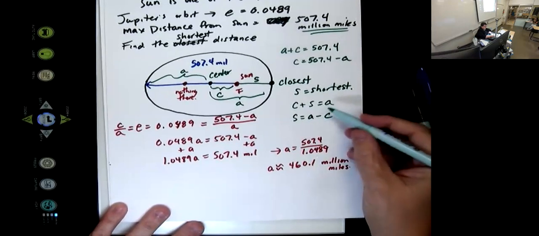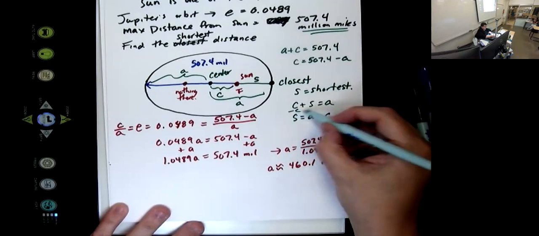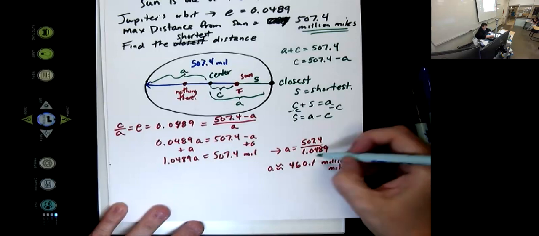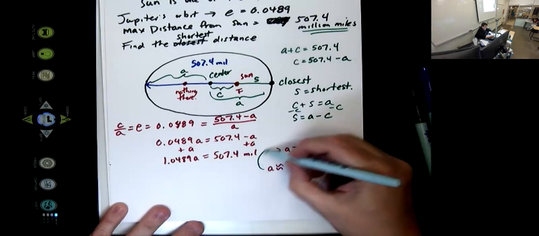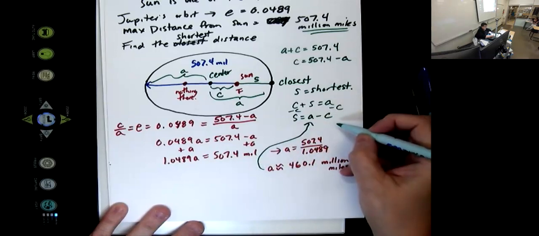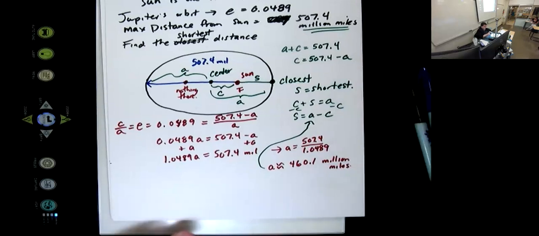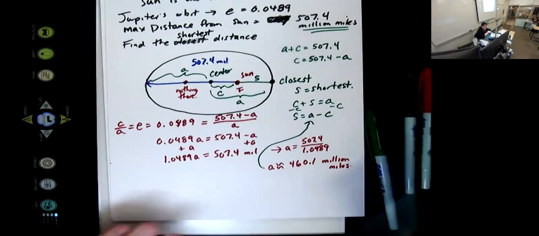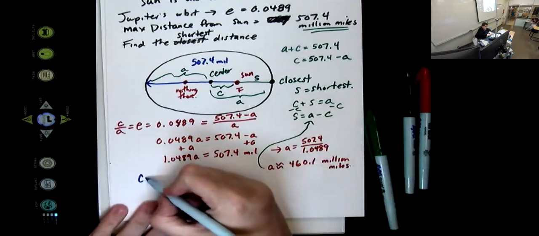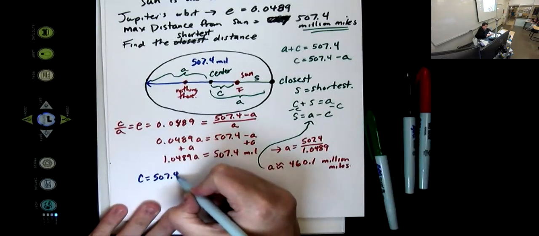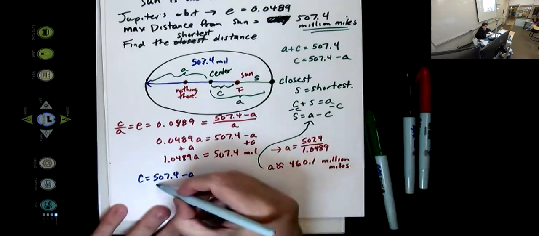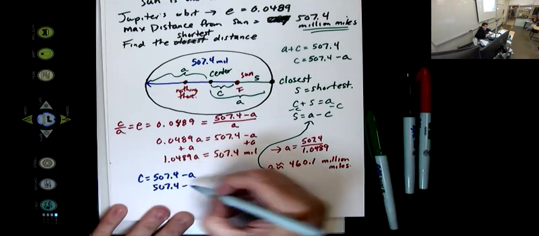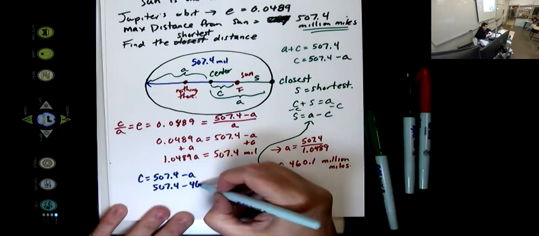I have A. I need C. I can get C though. I had C listed as 507.4 minus A. So 507.4 minus 460.1.